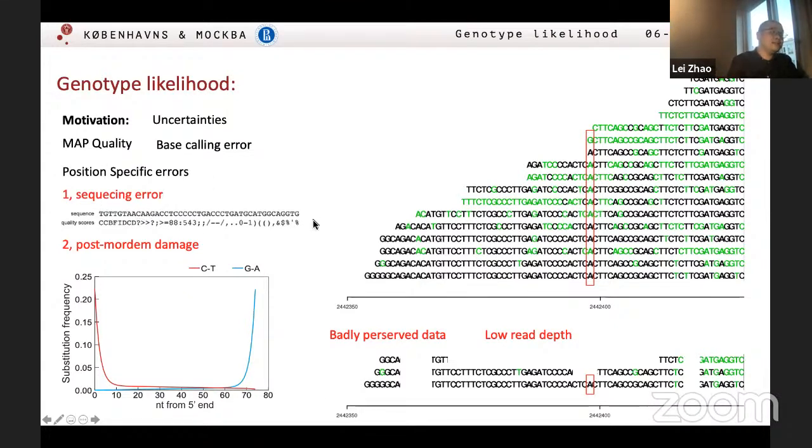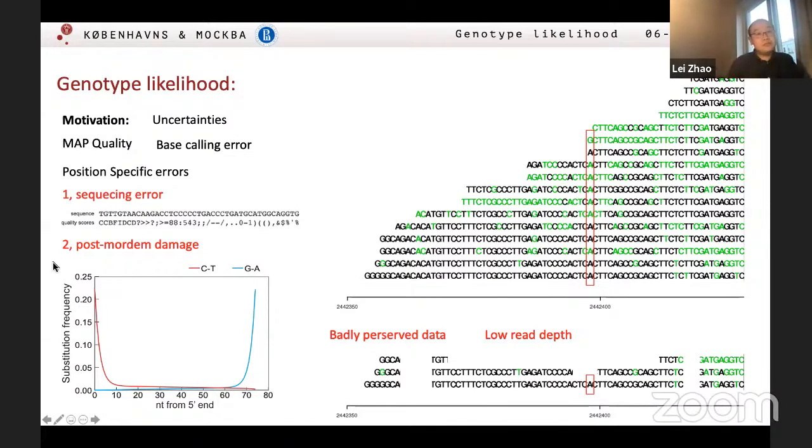If you look at a specific FASTQ file, each short read starts with bases of higher quality and ends with bases of lower quality. So this higher and lower quality will also affect the guess of the underlying genotype.